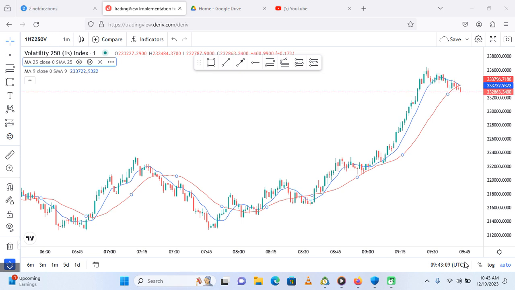Did you get it now? And 25 is a higher moving average value that tells you it's more guaranteed now if there is a crossover between the moving averages.